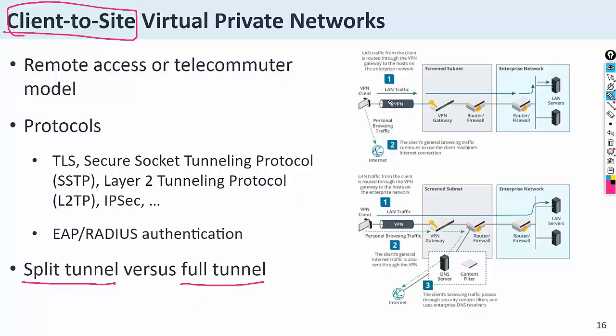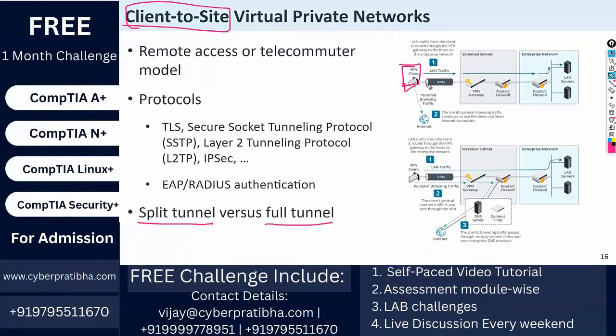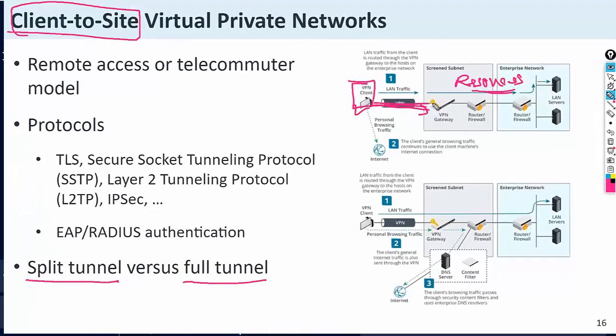This is actually the split tunnel. Why? This is the VPN client which has the VPN software installed and connects to the enterprise. When it tries to access the enterprise, it will use the VPN.